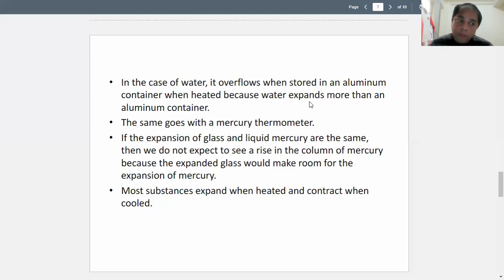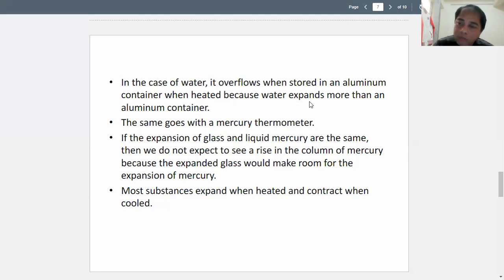Now, because of that nature of water, is that property of water good or bad? That water expands when it's cooled down. Now, some good effects when the water expands when cooled down is that it floats.